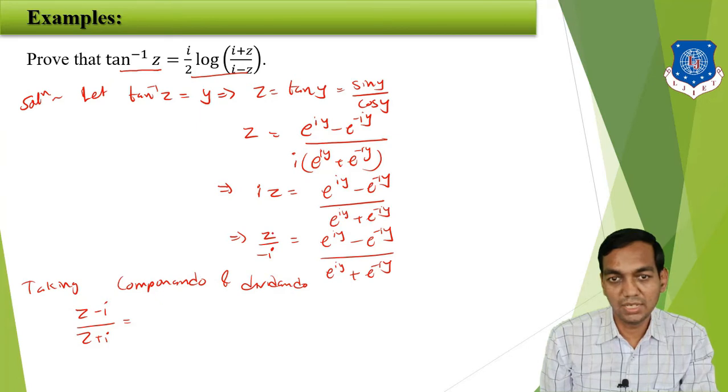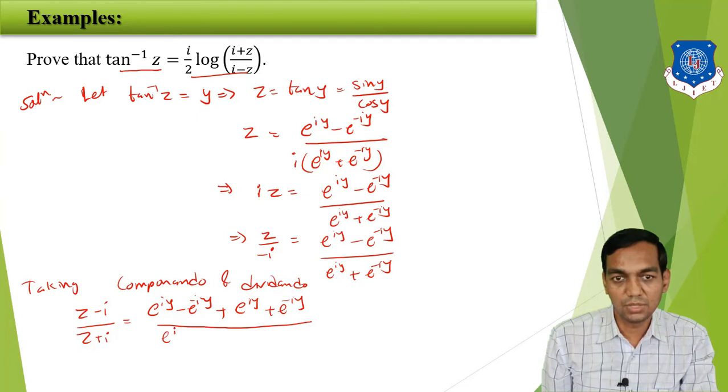In numerator we are going to add this 2, in denominator we are going to subtract this 2. Same manner here, e raised to iy minus e raised to minus iy plus e raised to iy plus e raised to minus iy divided by e raised to iy minus e raised to minus iy minus e raised to iy plus e raised to minus iy. So here minus iy minus iy cancel out. Here plus iy plus iy cancel out.